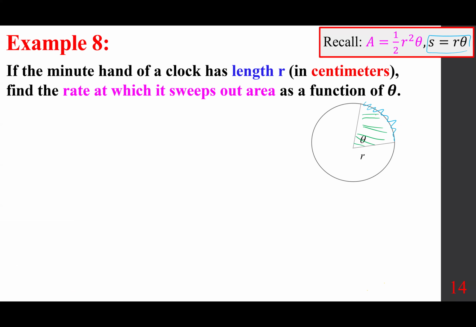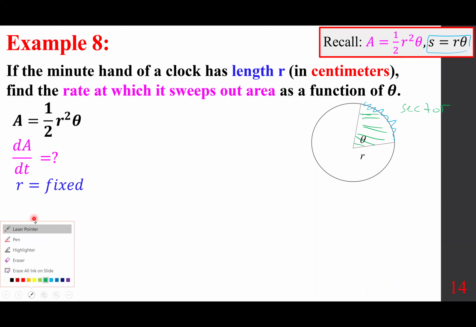This is a sector. Area of a sector, half of r squared theta. So A is 1/2 r squared theta.